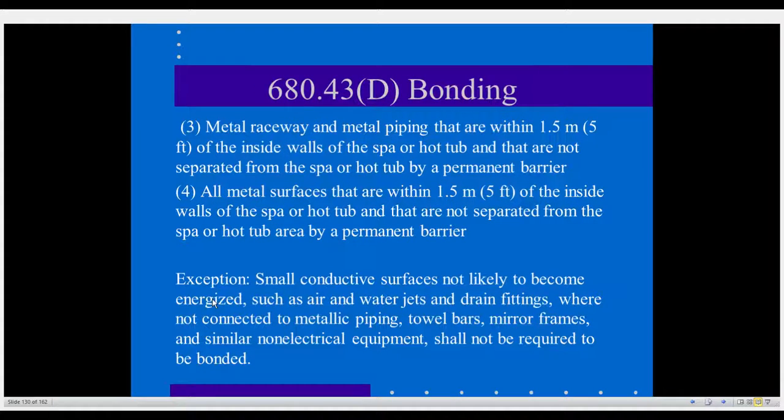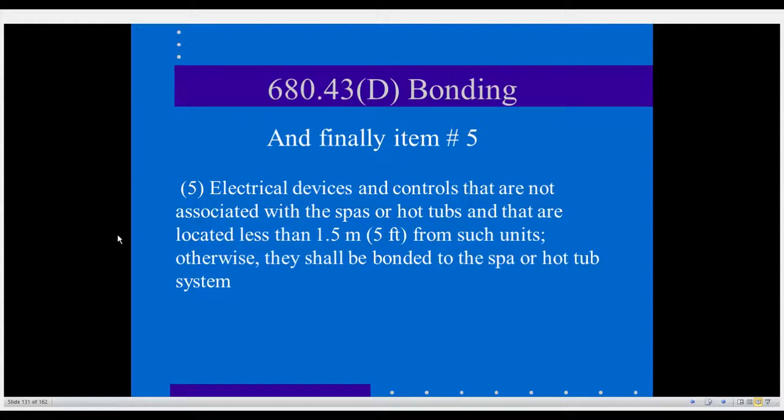There's no power running to them. They're kind of isolated and not connected to any of the metallic piping, if any is being used. And to be honest with you, most of the piping in these spas and hot tubs is self-contained and non-metallic anyway. So provided you have all that, there's no sense in bonding any of those. You get a little leeway there.